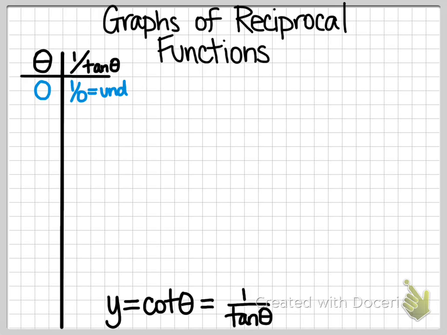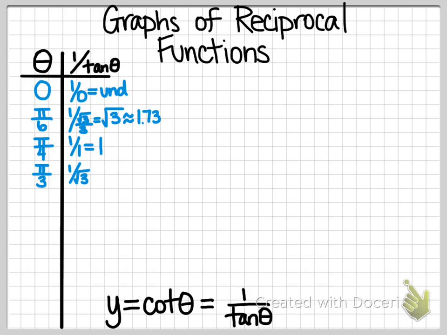So at 0 radians, 1 divided by 0 is going to be undefined. At pi over 6, 1 divided by the square root of 3 over 3 is equal to the square root of 3, and we know that's approximately 1.73. At pi over 4, that's 1 divided by 1, which is just 1.